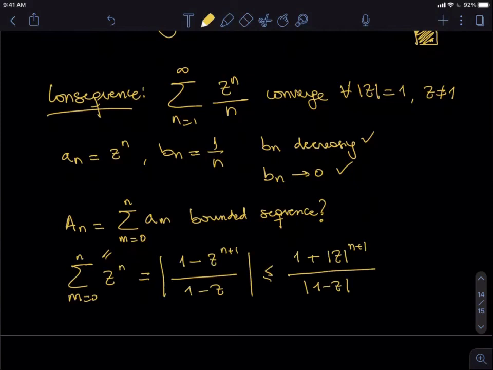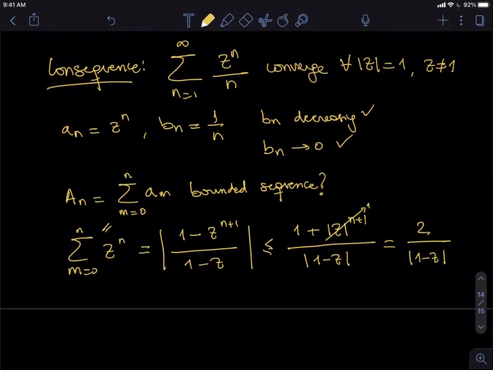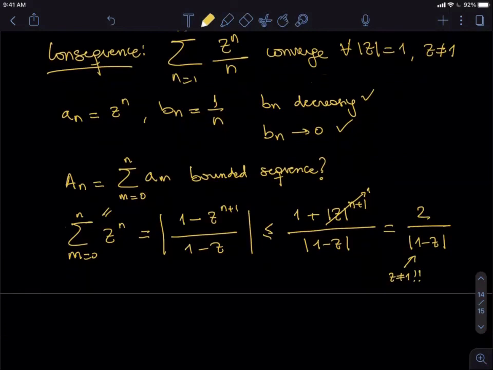And because modulus of z is equal to 1, we get 2 divided by modulus of 1 minus z. And that's it. Here, notice it's very important that z is different from 1, because if it were, this wouldn't work. All right. So then the hypotheses are satisfied.